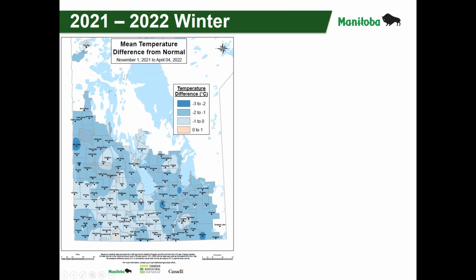At most locations in the southwest and central, on the average, again, there'll be some days that'll be extremely cold, some other days above normal, but on the average between November 1 and the start of April, many locations in the southwest were just slightly cooler than normal. But in the Red River Valley, close to the Red River area, and in the southeast, it was mostly between -1 and -2 degrees below normal temperature.